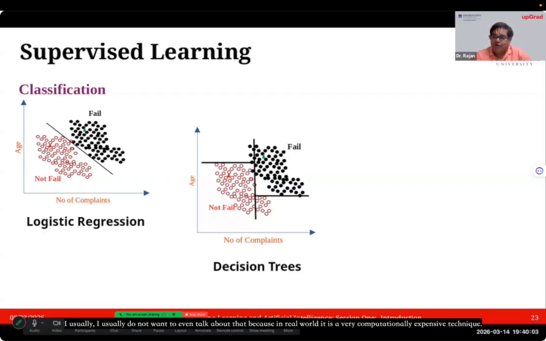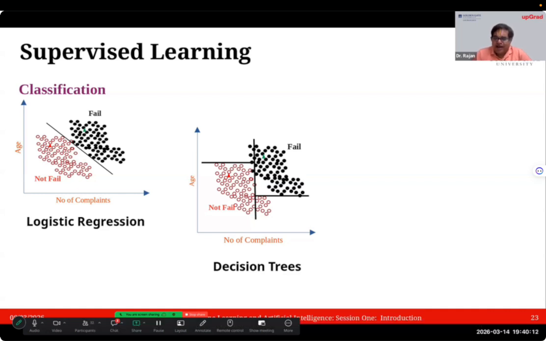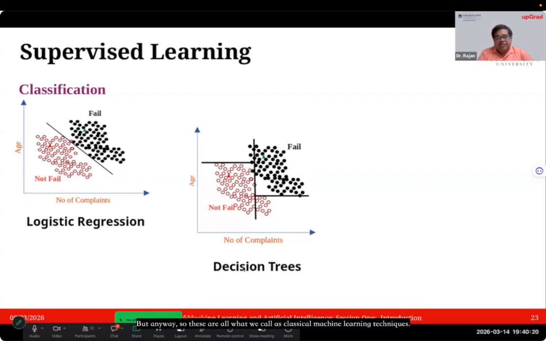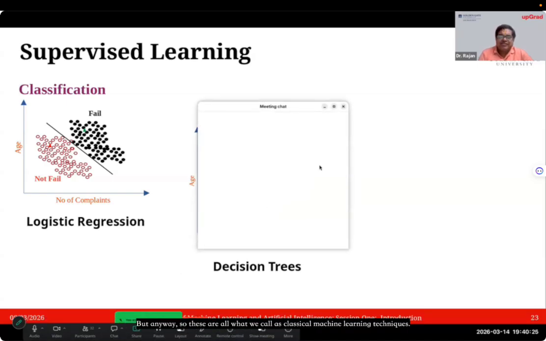I usually don't want to even talk about that because in the real world it's a very computationally expensive technique. Unless your data is very small, K nearest neighbors is of not great use. But anyway, these are all what we call classical machine learning techniques.